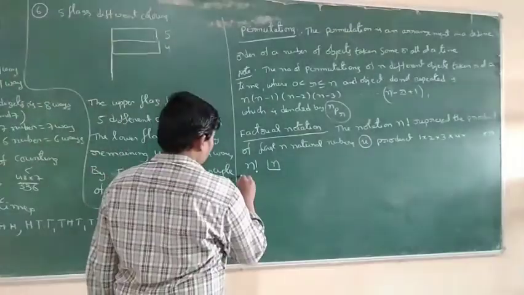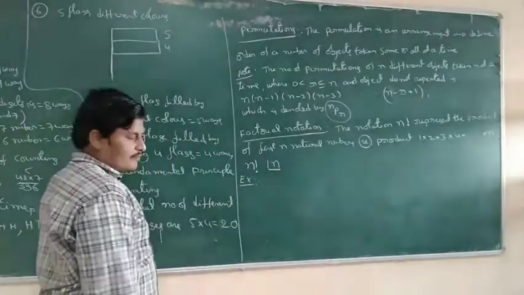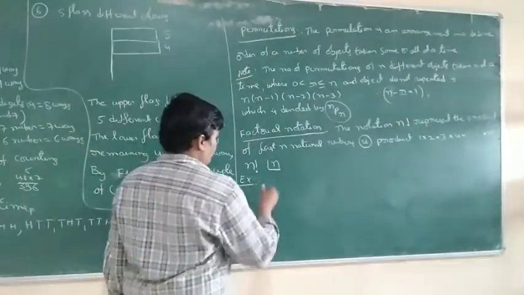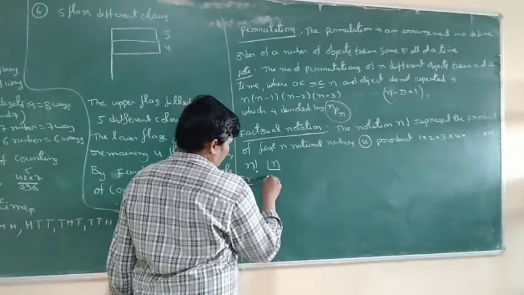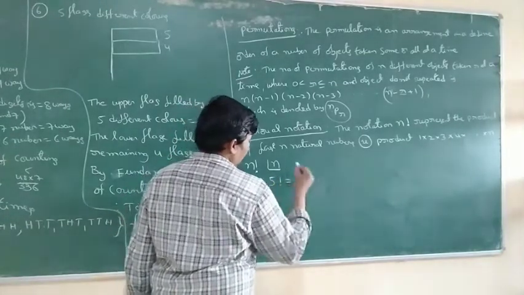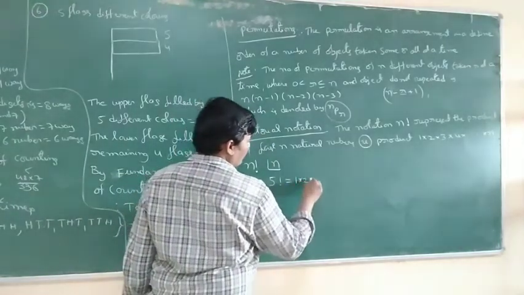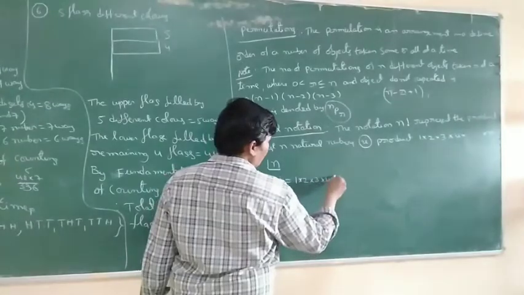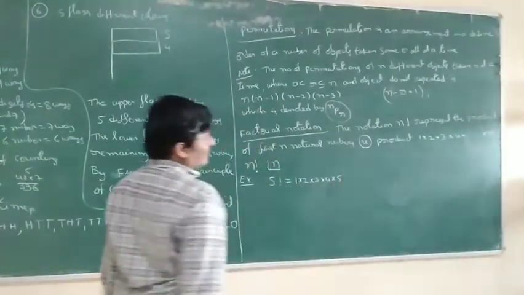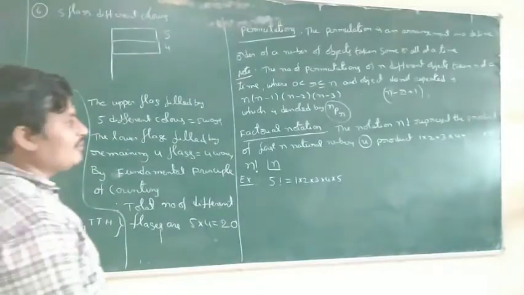So for example, 5 factorial is equal to 1 into 2 into 3 into 4 into 5. n factorial is the product of 1 up to n.